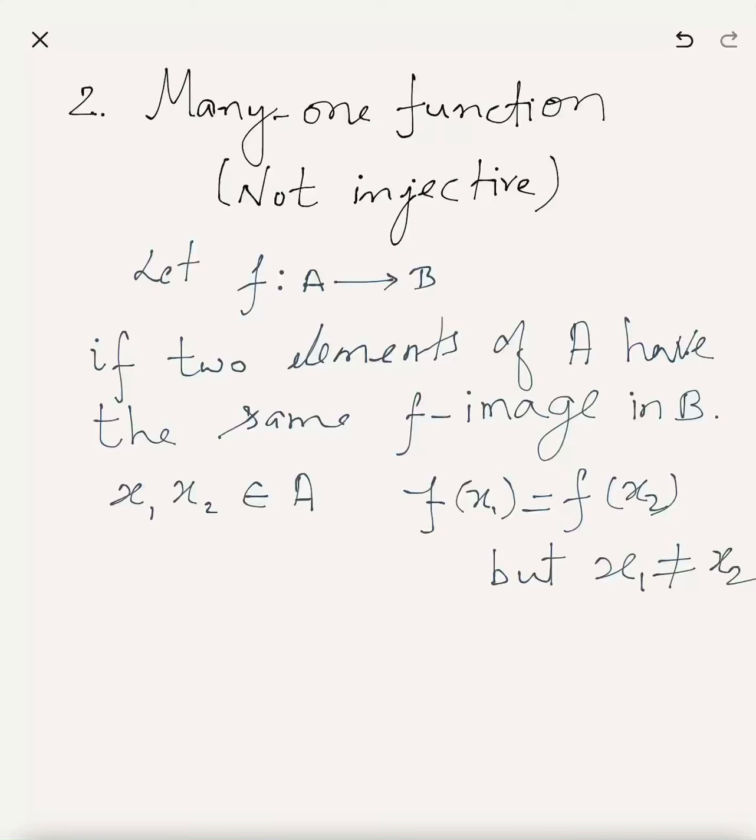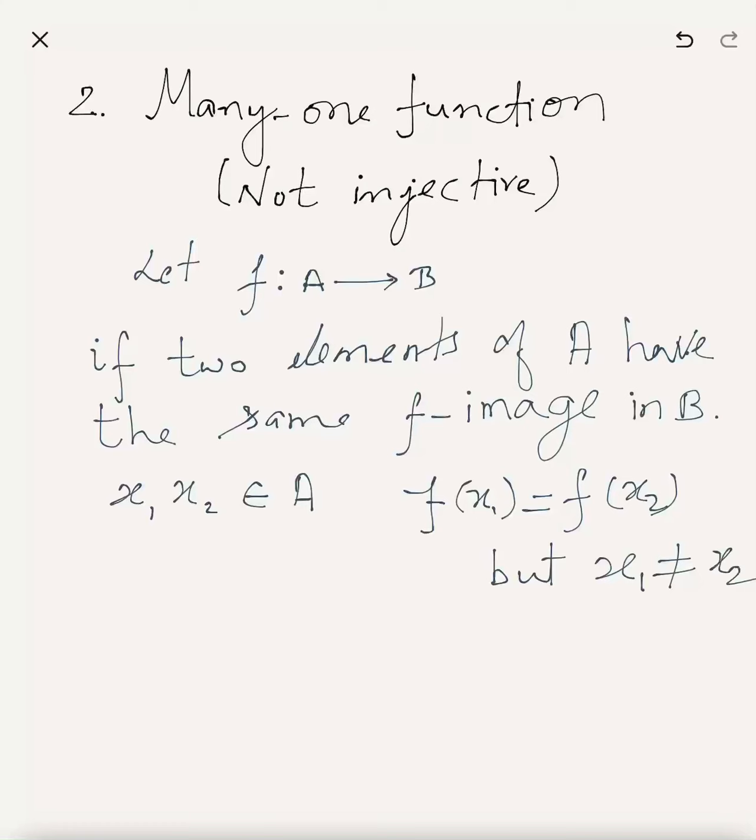In the previous function, one-one function, x1 was equal to x2. Why? Because if x1 is not equal to x2, then at different inputs you are getting the same output, which is a many-one function.